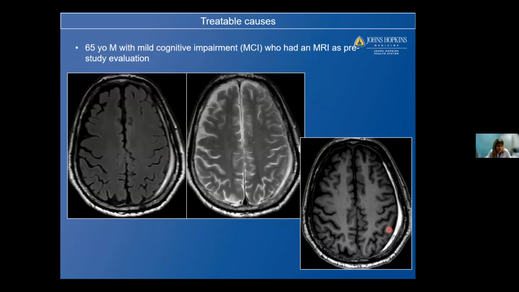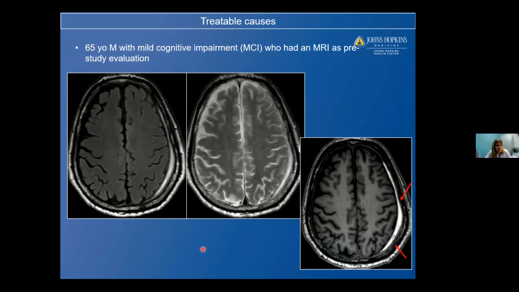Obviously, this patient was determined to be ineligible to participate in this Hopkins MCI, mild cognitive impairment, research study. So he had to be excluded because his symptoms were probably because of this hematoma.